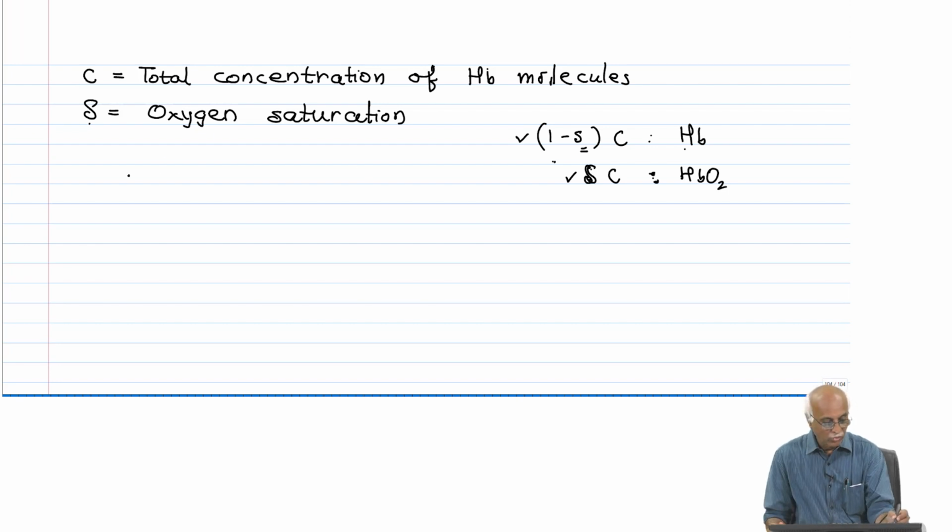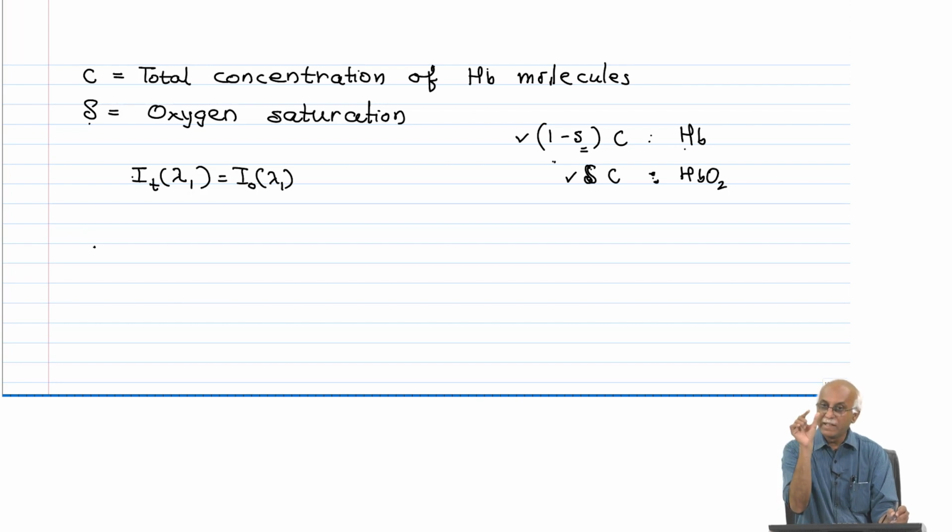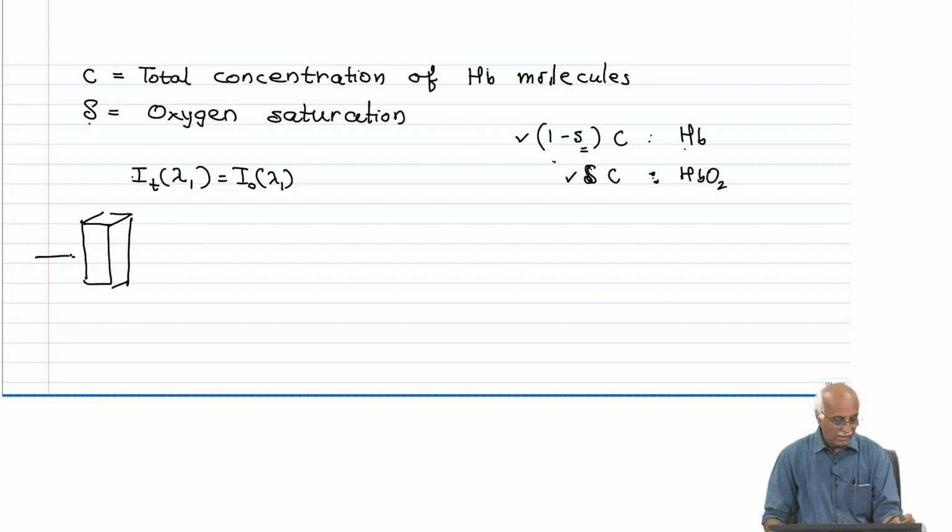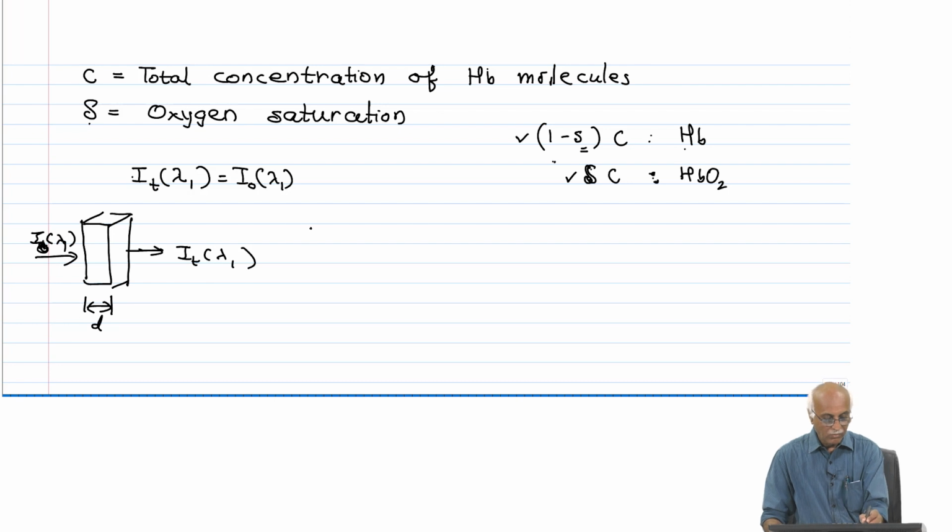We know the transmitted intensity I_t at lambda 1 is equal to I_0 at lambda 1, when light goes through, let us say, a cuvette of length D. So if this is a cuvette which is filled with blood, and light I_0 lambda 1 is transmitted and it gets transmitted as I_t lambda 1, and this length is D, then extinction will come into the picture.